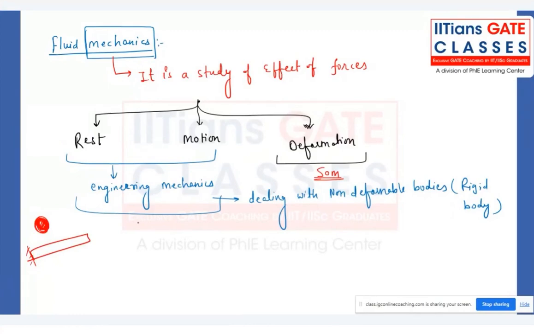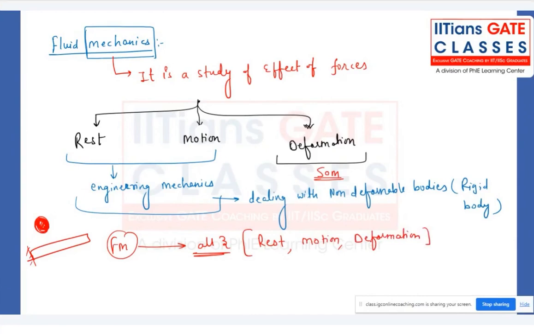But in fluid mechanics, we are studying all three. That means the fluid at rest, fluid under motion, and fluid which is deforming. We don't have two particular subjects; all the things, rest, motion, and deformation, we are covering in fluid mechanics.